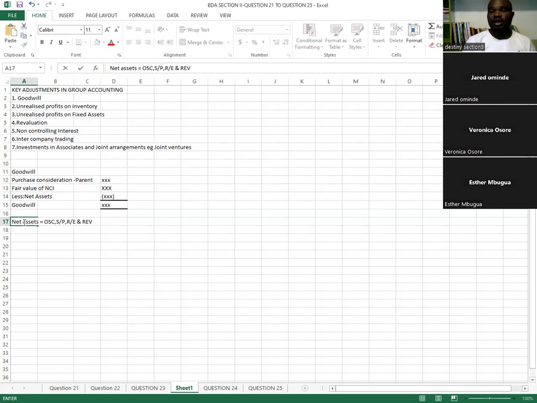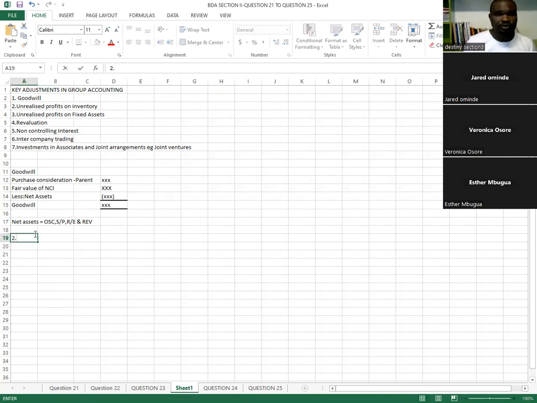In accounting, assets minus liabilities is the equity. So when you are looking for the net assets, you take ordinary share capital, share premium, retained earnings, and revaluation. Those are what you are supposed to consider. We'll check them when we are doing that question. Allow me to go to number 2, just giving you the overview here.